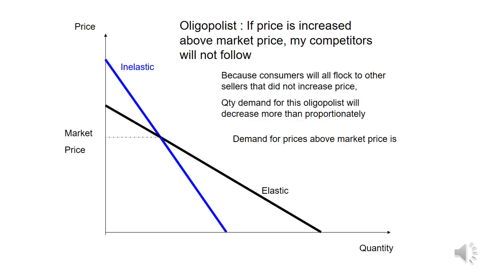After I increase price, their current price would seem more competitive and they will be able to get all my customers. As a result, I will lose a lot of customers.